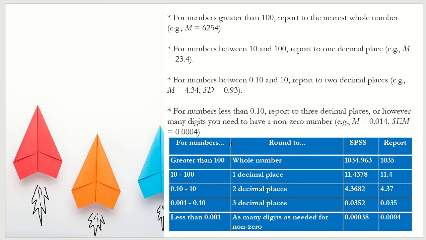For numbers between 10 and 100, use 1 decimal point. For numbers 0.1 through 10, use 2 decimal points. And for numbers 0.001 through 0.1, 3 decimal points. And those that are less than 0.001, you should use as many digits as you need to reach a non-zero number.